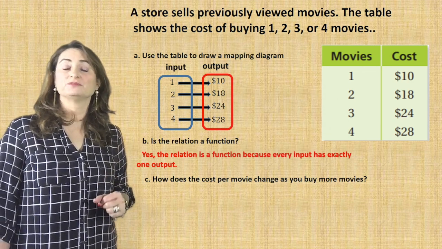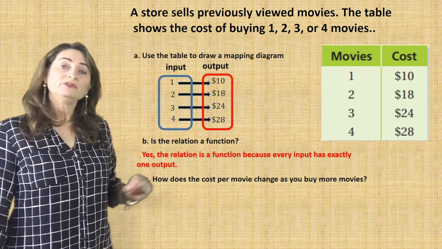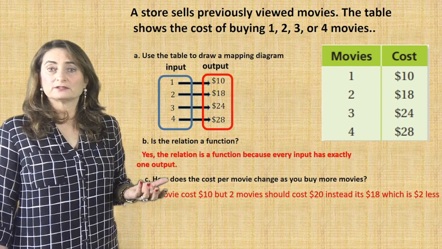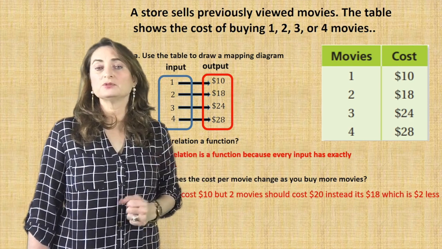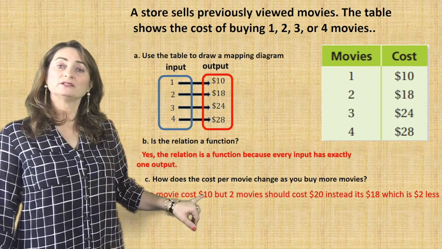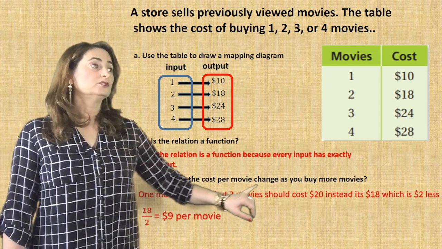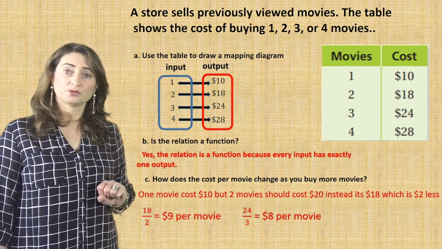So there is a relation between the input and the output. Let's find that out. 1 movie costs you $10. 2 movies should cost you $20. But that's not the case. 2 movies cost you $18, which is $2 less. Or if you divide $18 by 2 movies, that means it costs you $9 per movie. $24 divided by 3 movies gives you $8 per movie.